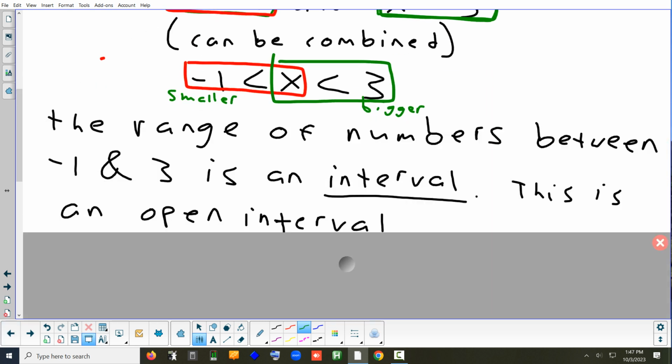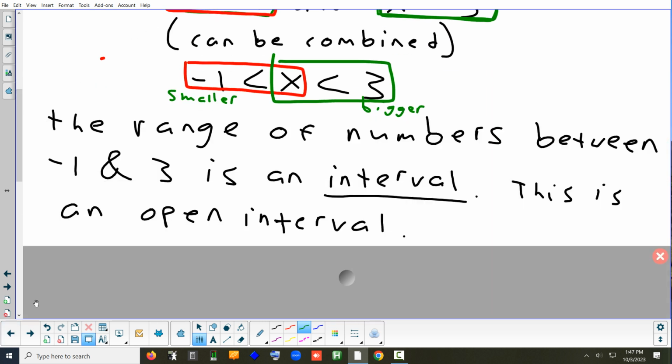What else we got? So the idea with something like this, this is an interval of numbers. Okay. Specifically, it's all the numbers between -1 and +3. But does it include -1 and +3?